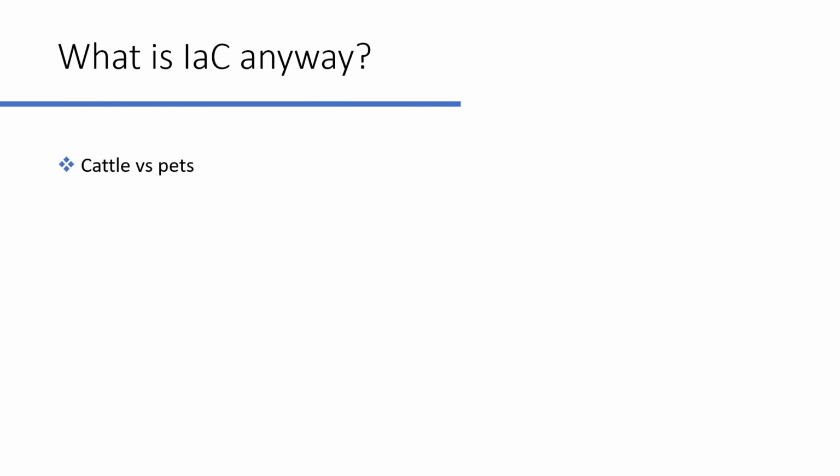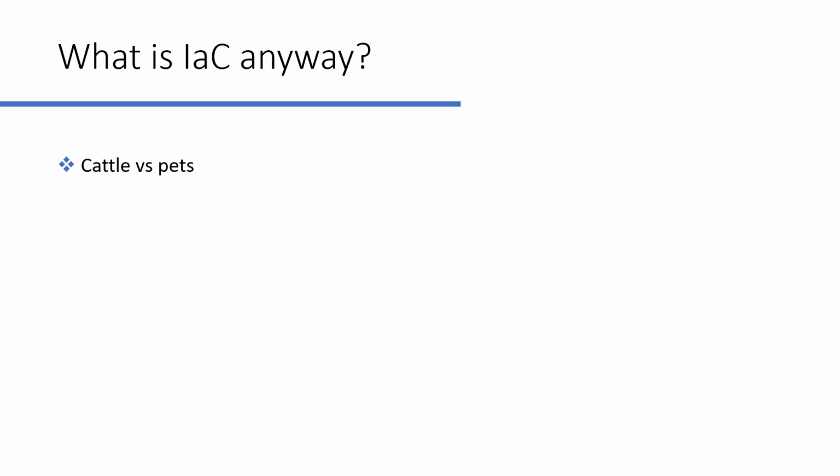In order to use IaaC, or infrastructure as code, we first have to think in terms of cattle versus pets. You probably already heard this expression. Well, in a nutshell, cattle versus pets means simply that in the old days, we used to treat our servers as pets.